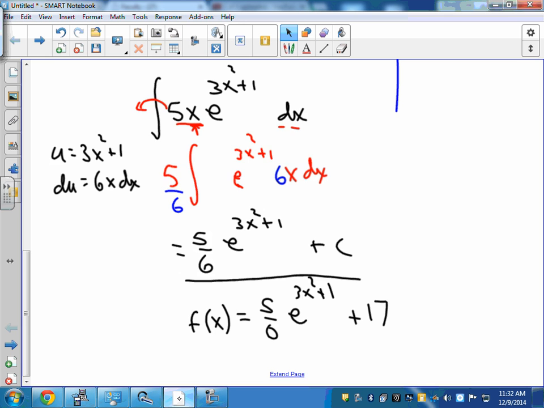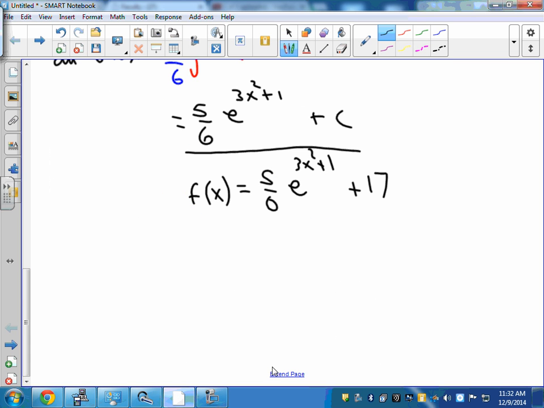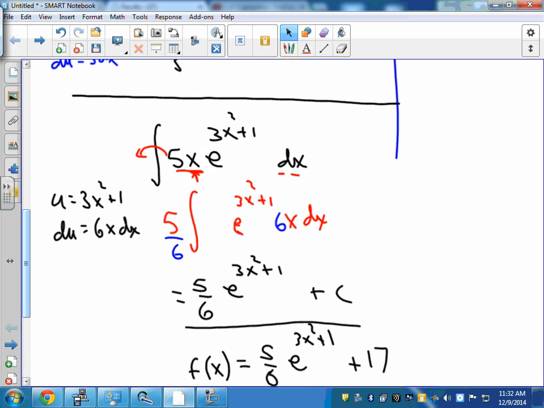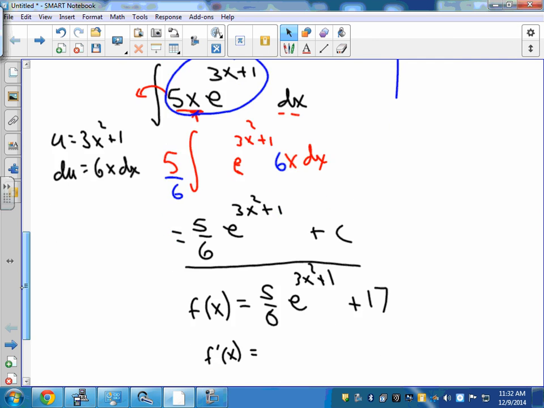And I were to ask you what is the derivative of this, using the derivative rules, you should be able to come all the way back to this integrand. So if we can get that when we take the derivative of this, we'd be in good shape.